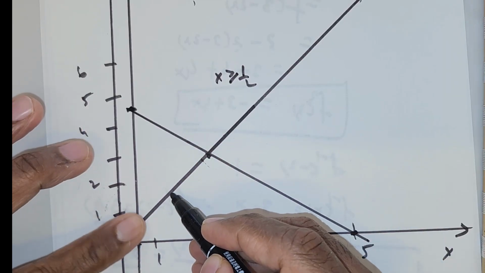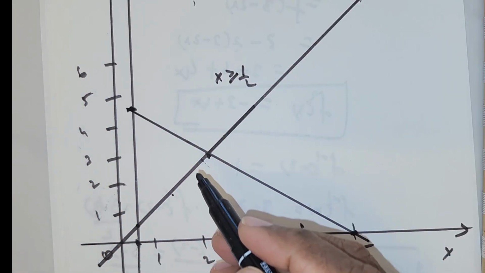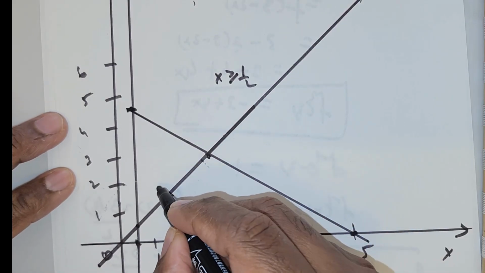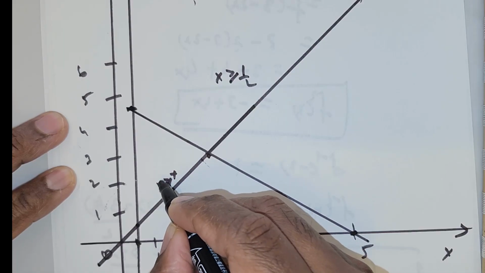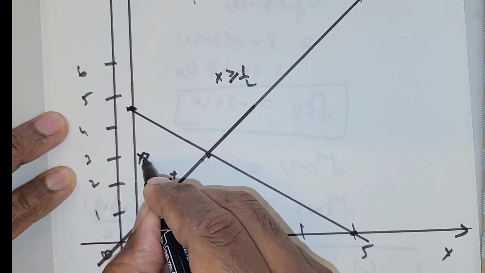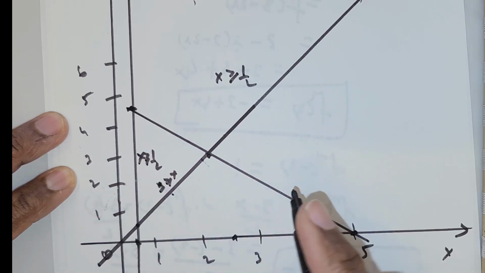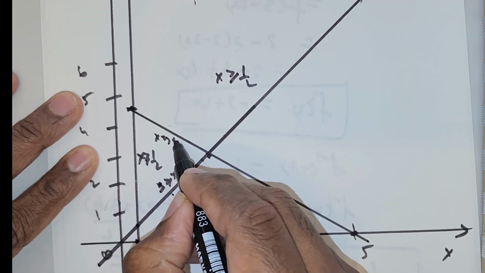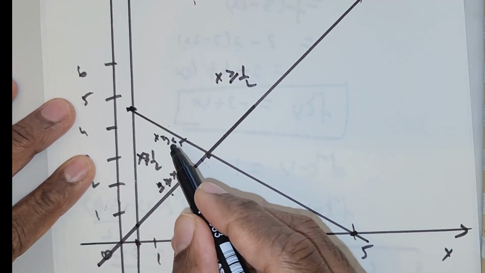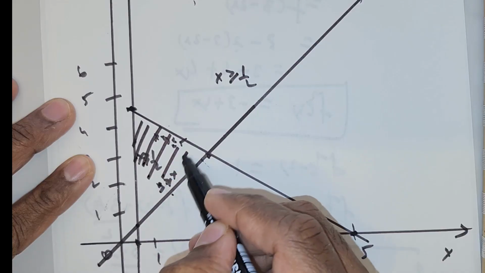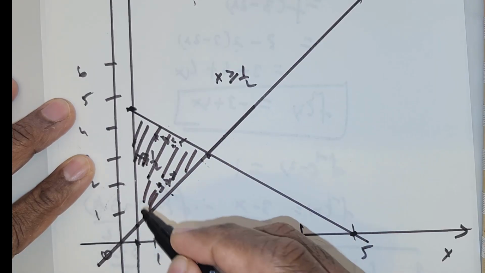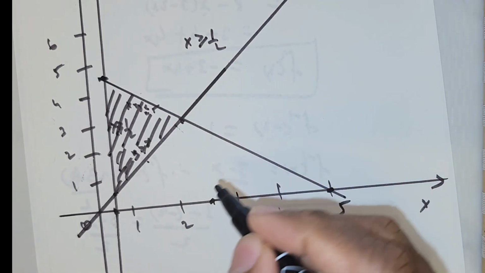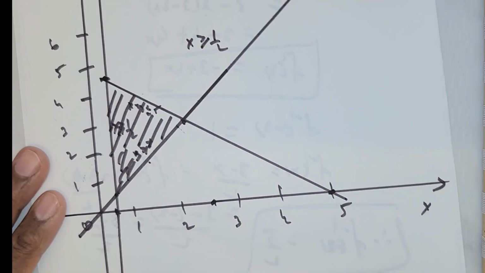And above this line, y is greater than or equal to x, and this region is x greater than or equal to 1 over 2. This is the region I'm talking about, and below this region, x + y is less than or equal to 5. So this is the region. You have to shade this region. Probably I think that is a good place for us to stop and move on.